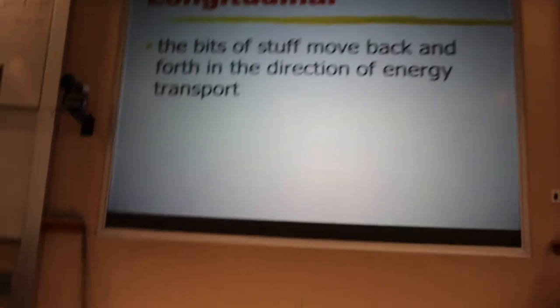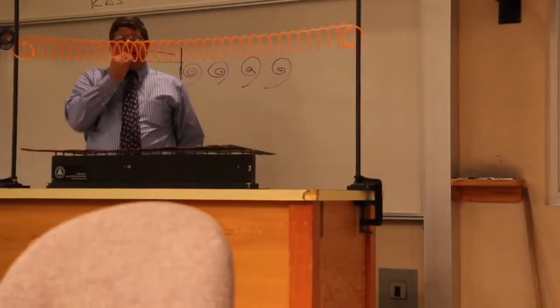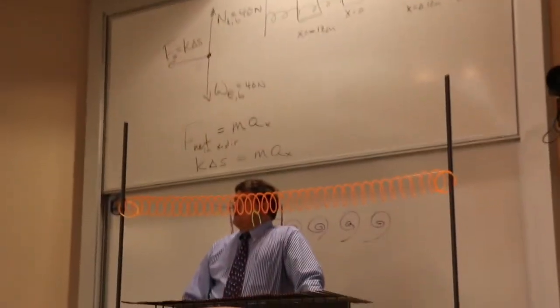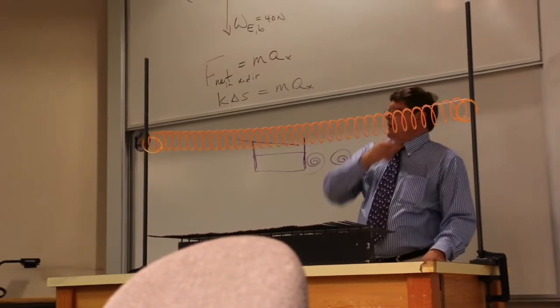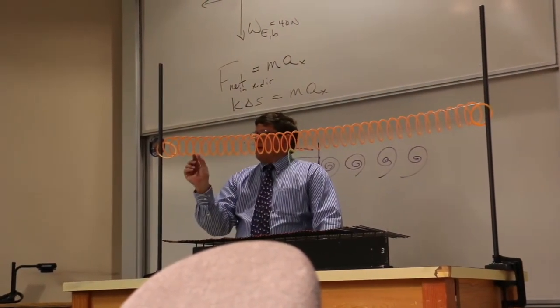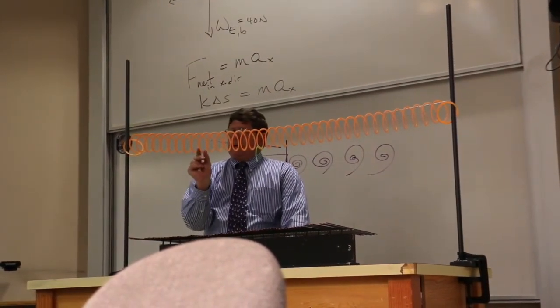I have this slinky that's supported by a piece of fishing wire. And if I think of this slinky, I mean it's one continuous piece of plastic, but if I think of it as parts, let's think of each hanging down part here as a separate piece.